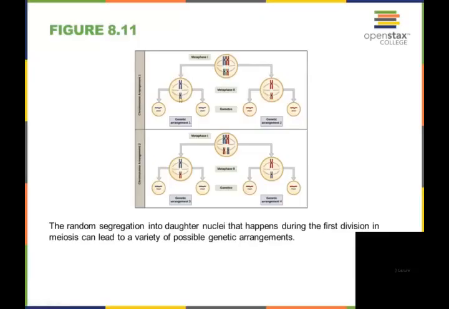So then when these are going to separate, you're going to get a 50-50 shot, one of these goes here, one will go here. 50-50 shot again, one goes here, one goes here. On here you end up with the blue ones being separated. So metaphase 1, metaphase 2. The other option is that blue goes one way here, on this one you get red.